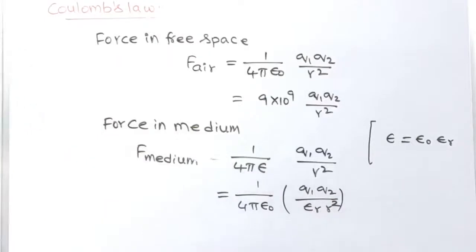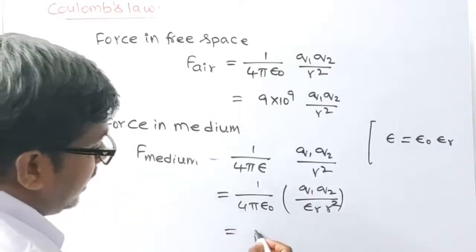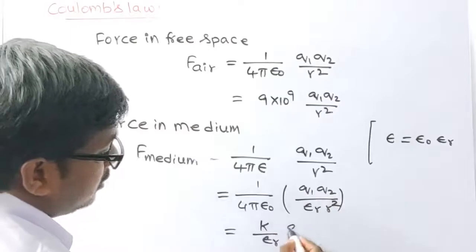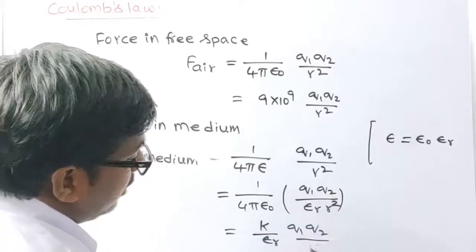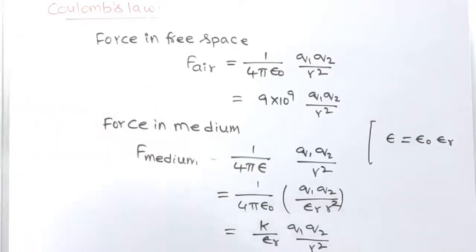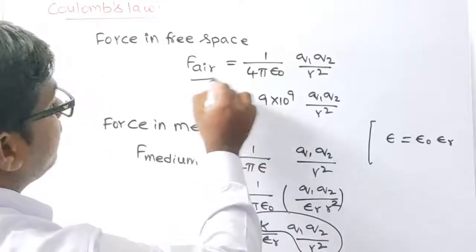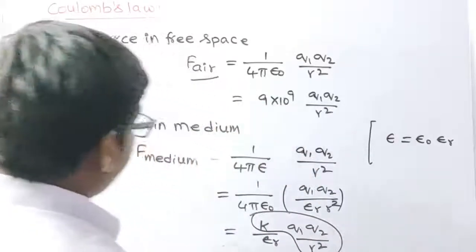Okay, 1 by 4 pi epsilon naught, that is the k, the proportionality constant. So this is k by epsilon r into q1 q2 by r square, that is equal to F air divided by epsilon r.